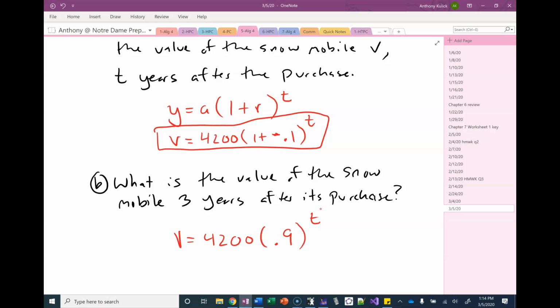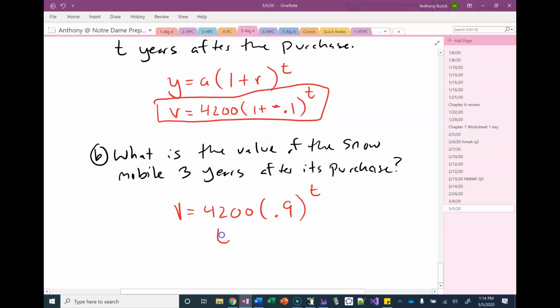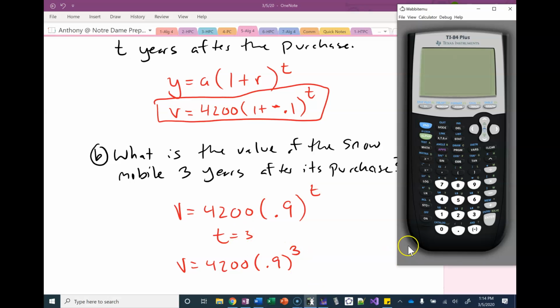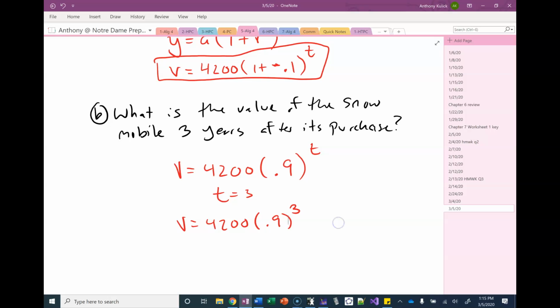V. Okay, to find V, we need to plug in a value for T. What value of T are we going to plug in? 3. Hopefully that's clear to everyone how we got that. So we'll just type this into our calculator now. So I get $3,061.80.